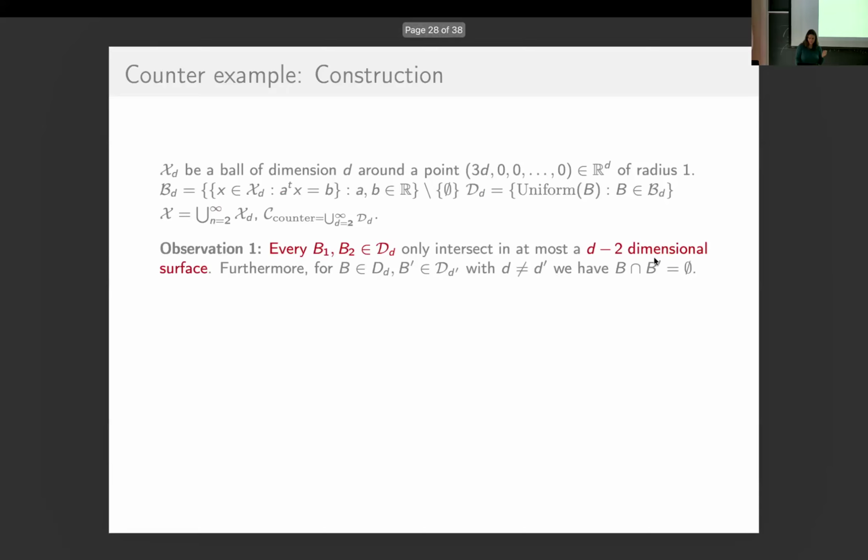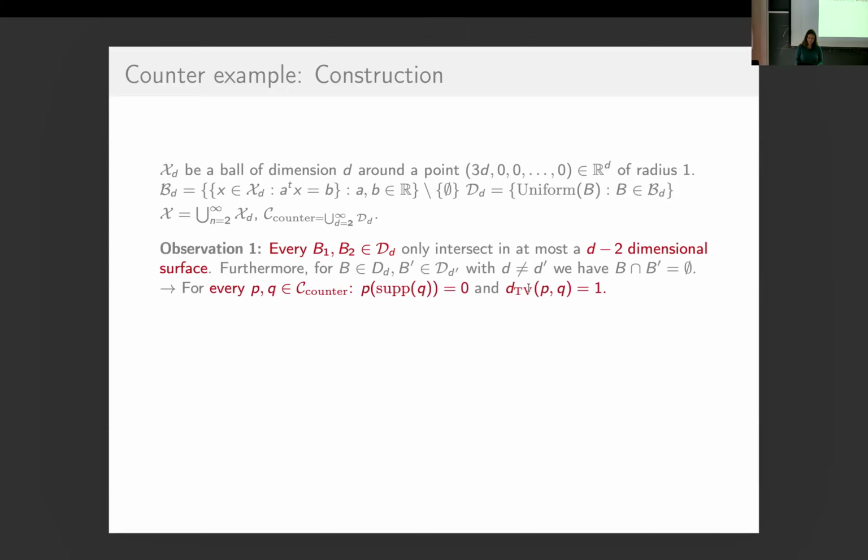So for every two sets of the same dimension, their intersection is a d-2 dimensional surface. So it has mass 0, and otherwise they don't intersect.